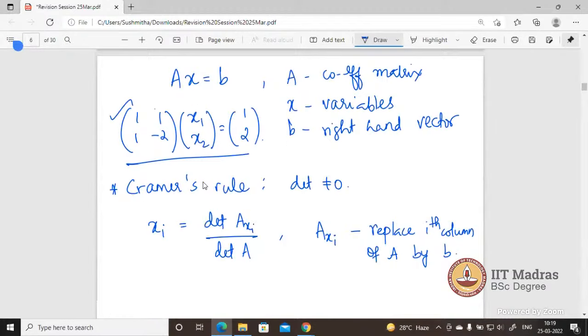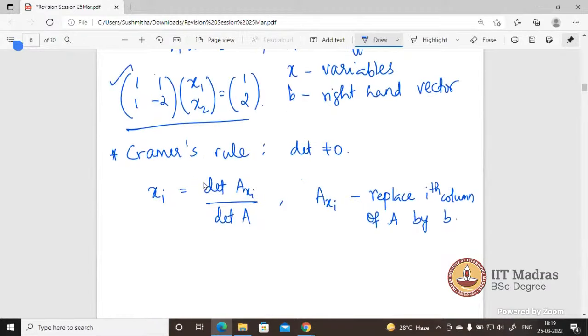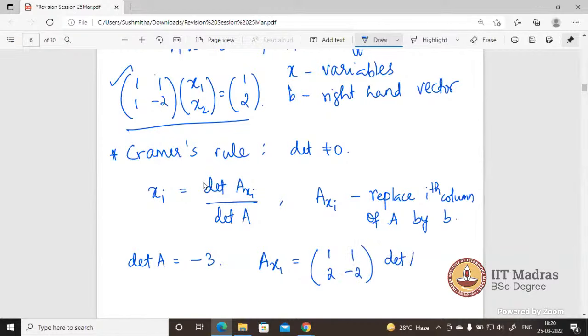So if I use Cramer's rule to find it out, what should I do? What is the determinant of A firstly? Minus 3. What is Ax1? It is 1, 2, 1, minus 2. What is the determinant of Ax1? Minus 4.